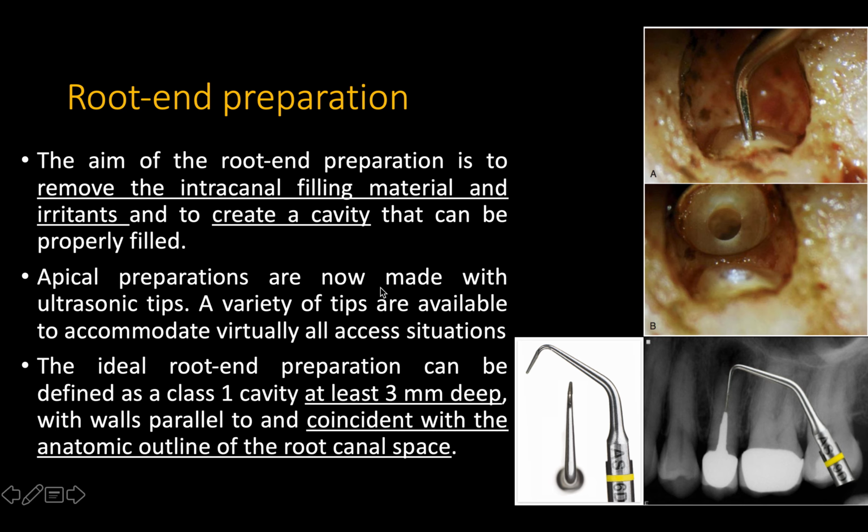The apical preparation is now done by suitable ultrasonic tips that have different angles to enhance the accessibility to the root end. We prepare a class 1 cavity that is at least 3 millimeters deep, with parallel walls.